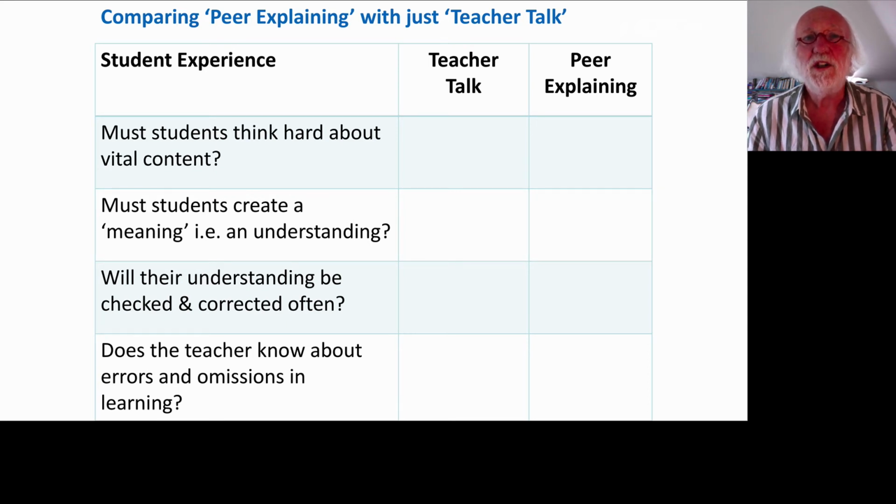Well, if you are just explaining to students, they don't have to think hard about the vital content that you are presenting. They might even be thinking about something else. But if you use peer explaining, students do have to think hard about what is vital, what is not, and how they will explain it. They do this when they write their notes and when they explain to their partner.